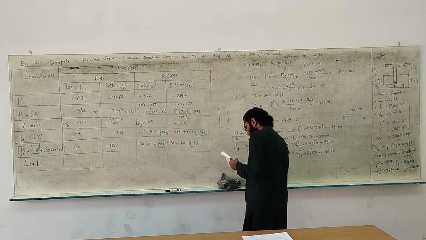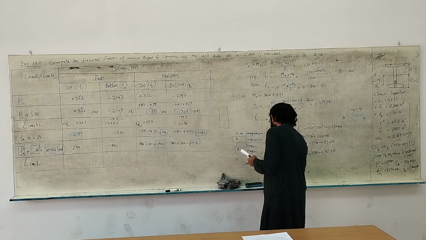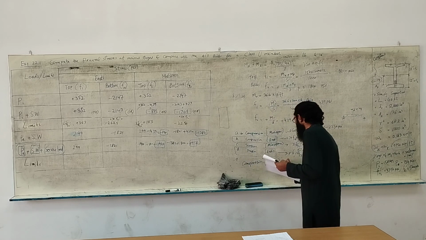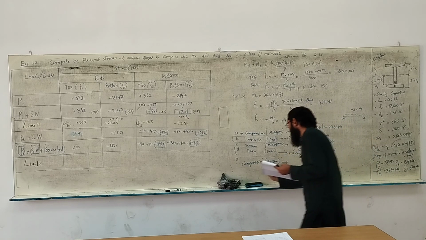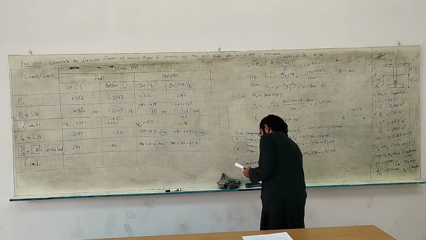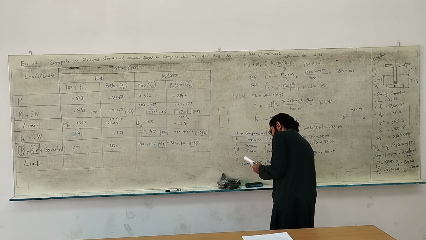Okay, so this is the limit on compression, and of course it is for midspan in this case, and it says this is due to pre-stress PE plus sustained load.